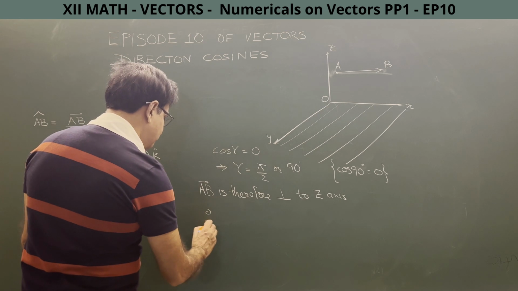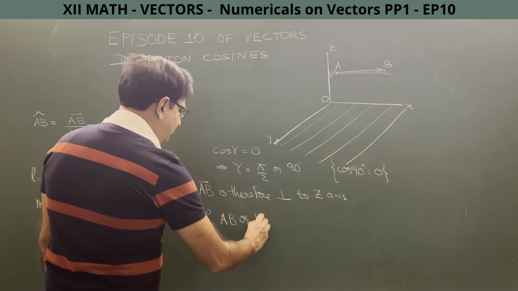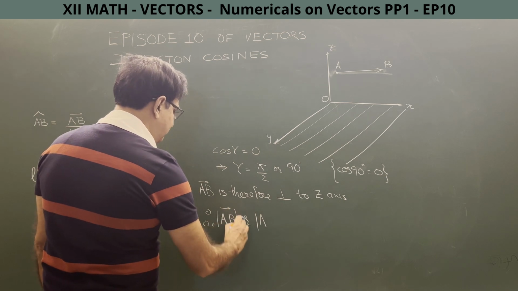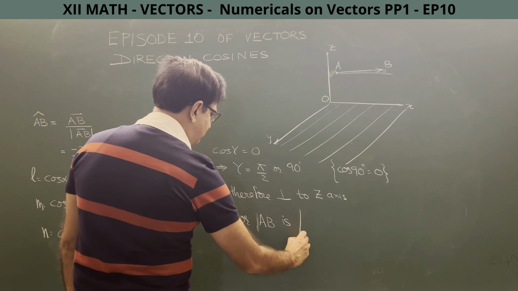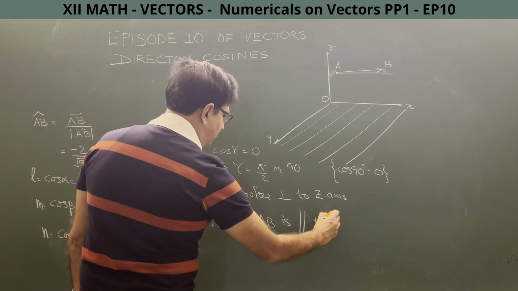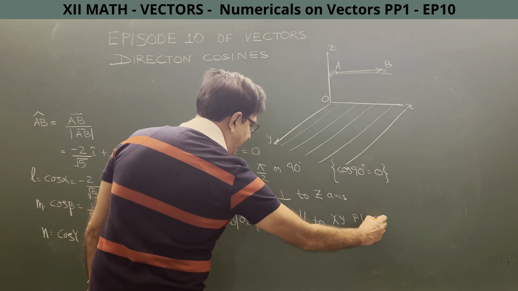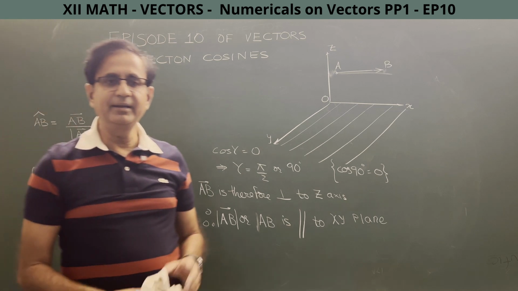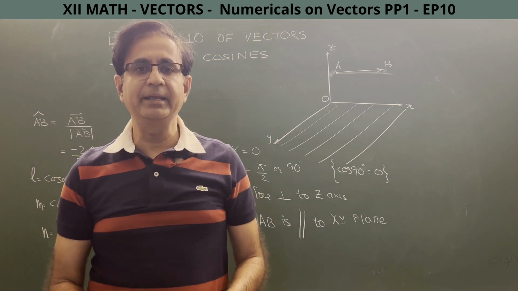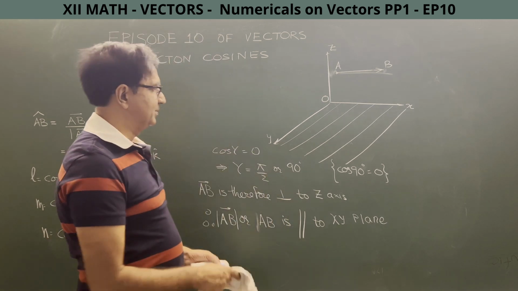So that was the last part I had to prove. Therefore AB vector or simply line AB is parallel to xy plane.